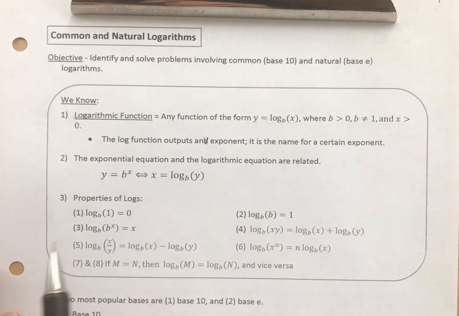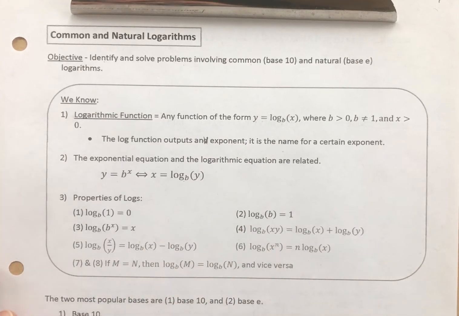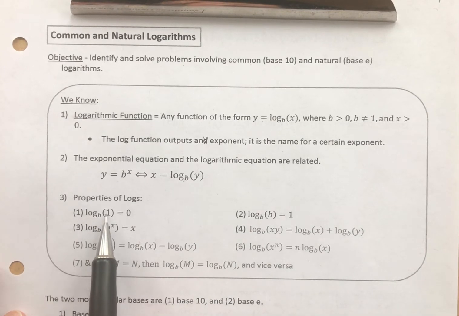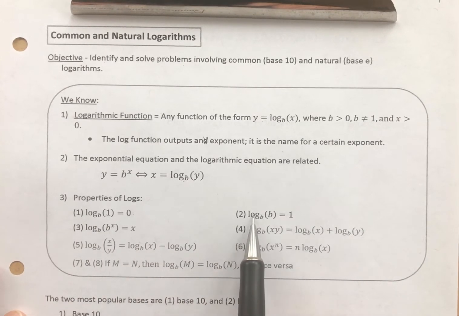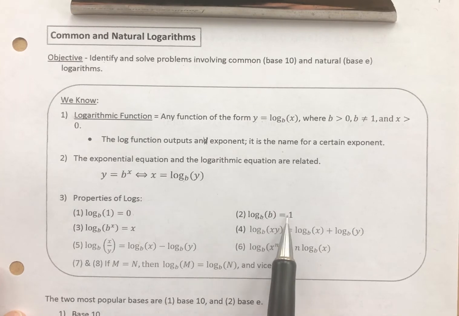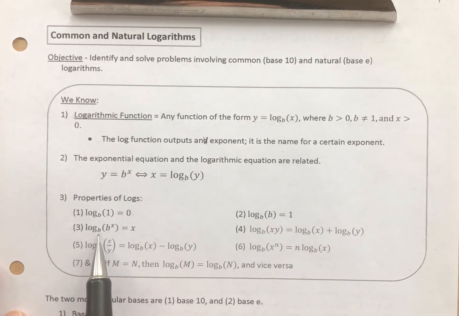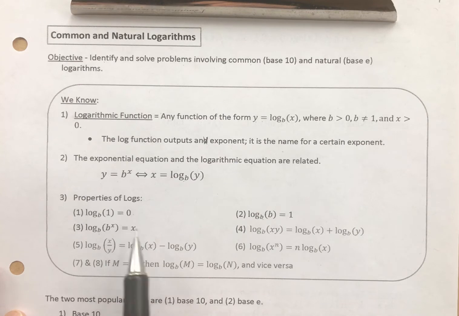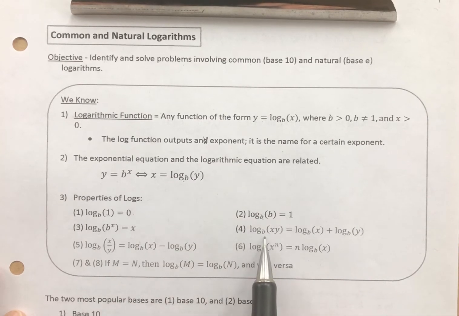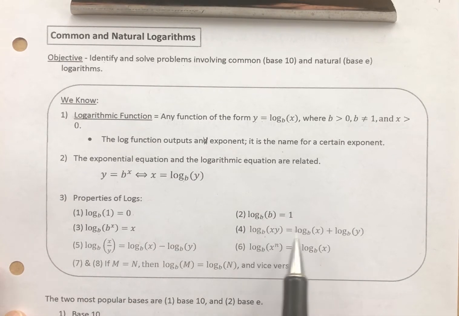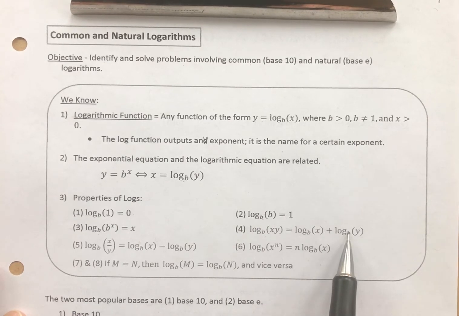And we know all these properties of logs. The log base b of 1 is 0. The log base b of b is 1. The log base b of b to the x is x. The log base b of a product is equal to the sum of the individual logs.